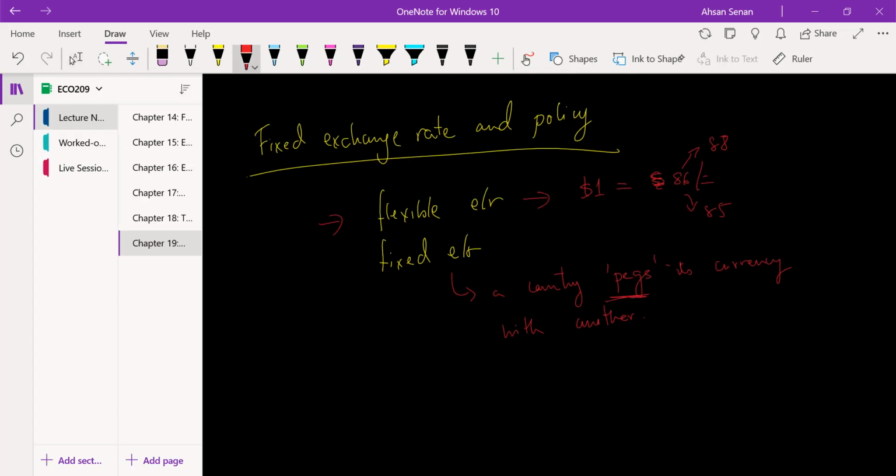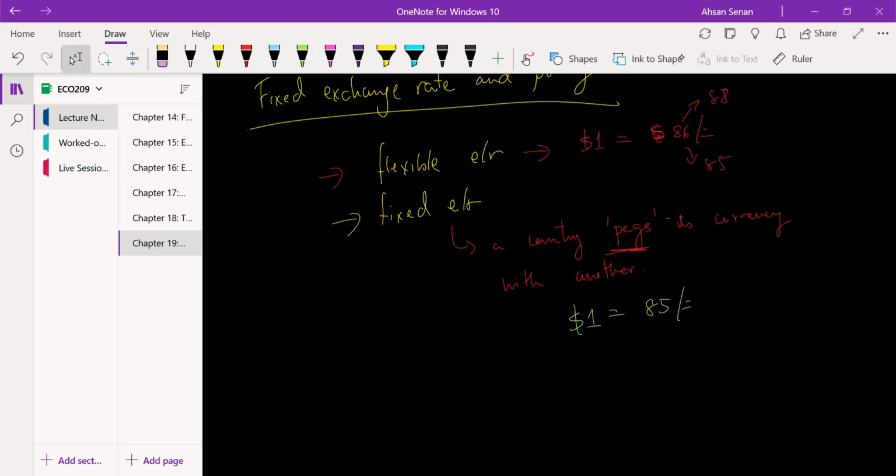What does peg mean? Suppose the Bangladesh government decided to go for a fixed exchange rate, and they tell us that from now on, this is the fixed rate that we will stick to, or rather they will fix the value for taka. So they will say that from now on, 1 taka is going to be equal to 1 by $85, and this will not fluctuate.